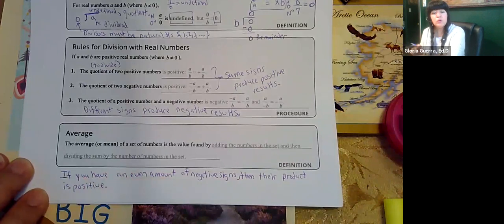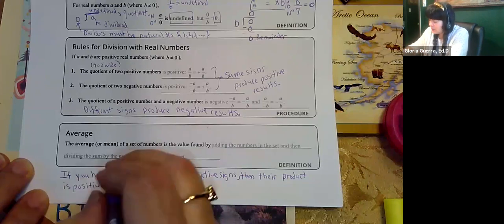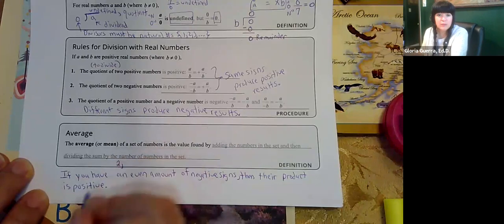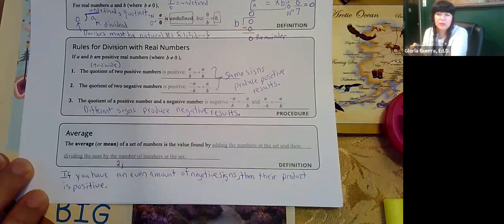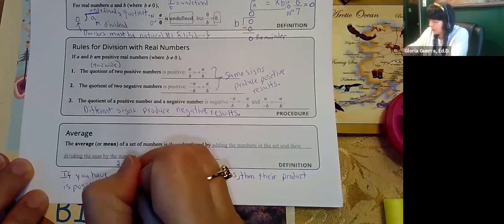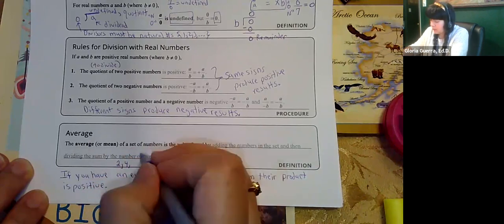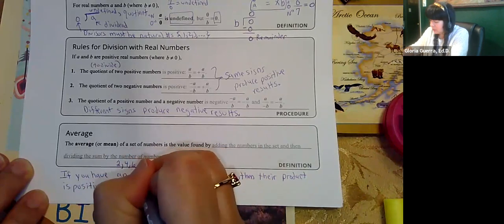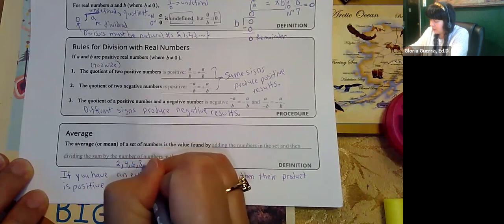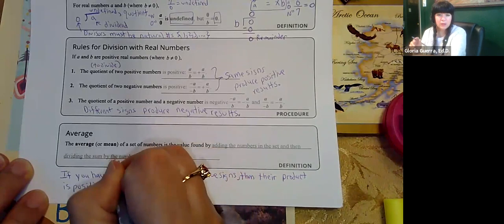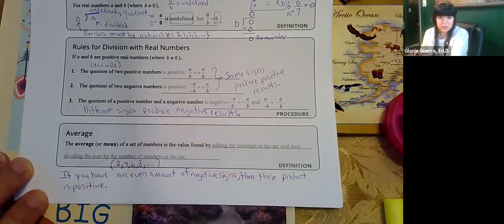You might be saying, what does she mean by even? Even is like if you have 2 negative signs, negative times negative, that's going to be positive. If you have 4 negative signs, 6 negative signs, 8 negative signs, and so on, those are examples of even negative signs.